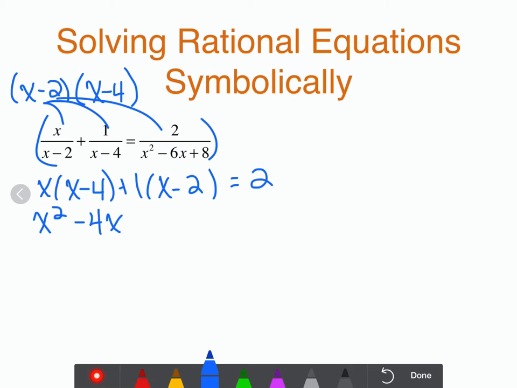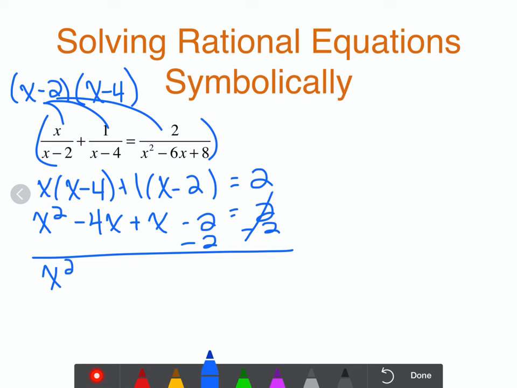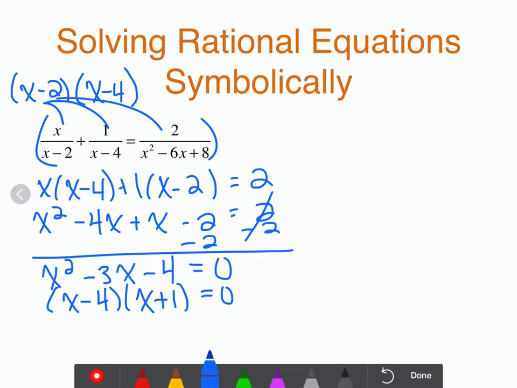I notice when I distribute, I'm going to have a quadratic equation. So I'm going to want to get it into standard form and solve it by factoring. So I have x squared minus 3x minus 4 is equal to 0. That's going to factor into x minus 4 times x plus 1 equals 0. So my two possible solutions are x equals 4 and x equals negative 1.